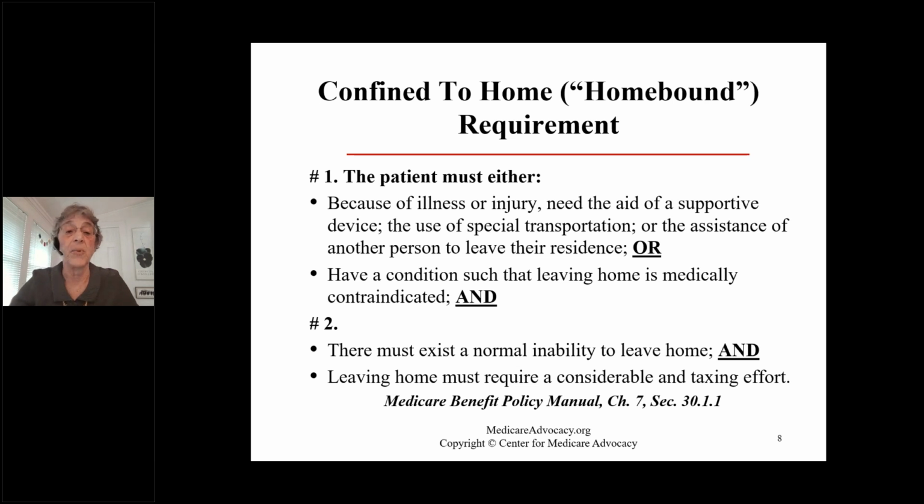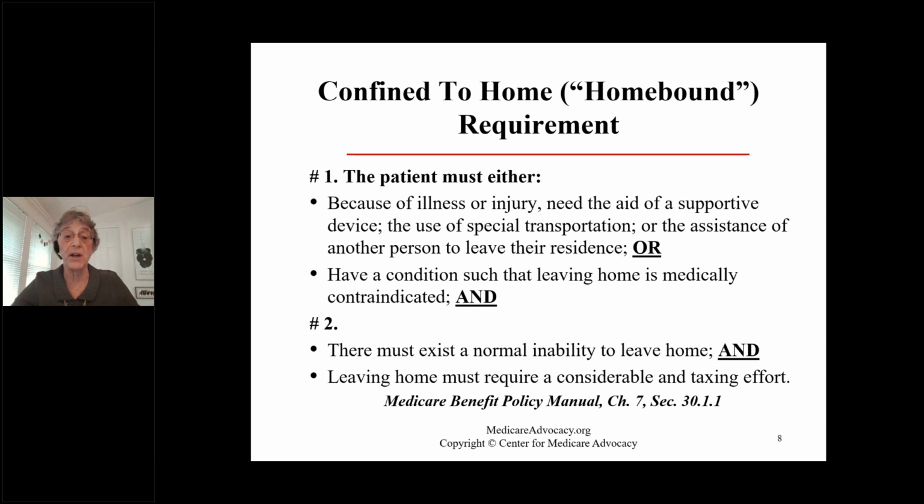Or the person must have a condition such that leaving home is medically contraindicated. That is, they're physically able to ambulate on their own, but it's not indicated as a good idea for them to do so, either due to cognitive decline or perhaps to a propensity for falling.